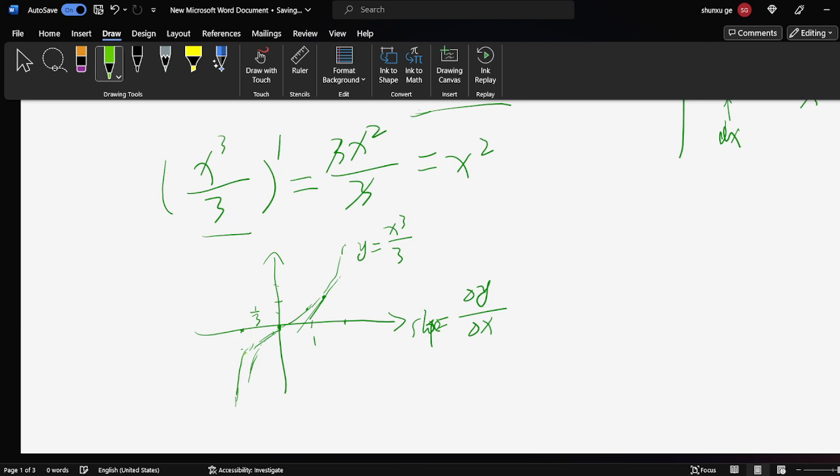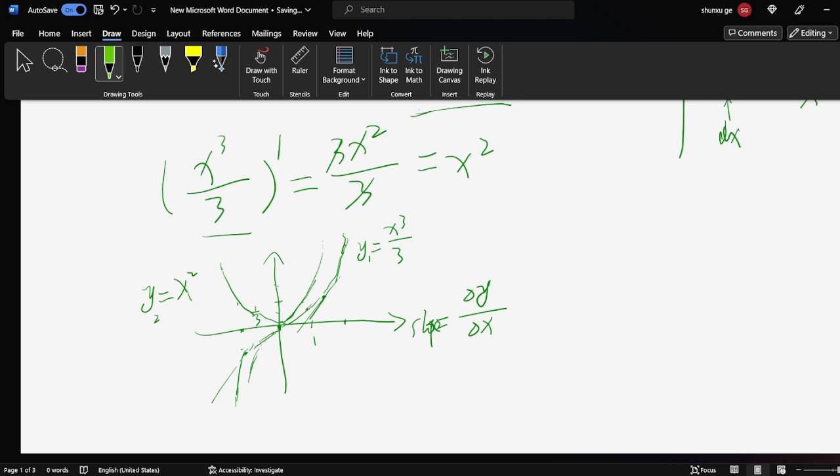Here is a slope, here is another slope, and here is another slope. All these slopes together, we create all these points together, we make another graph. It's about this.